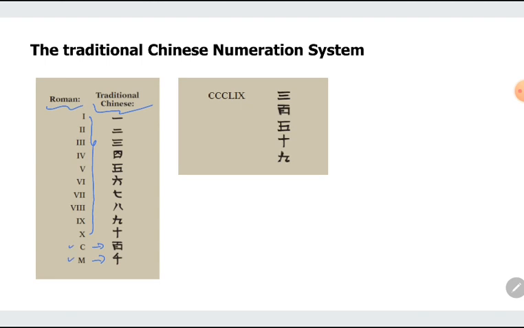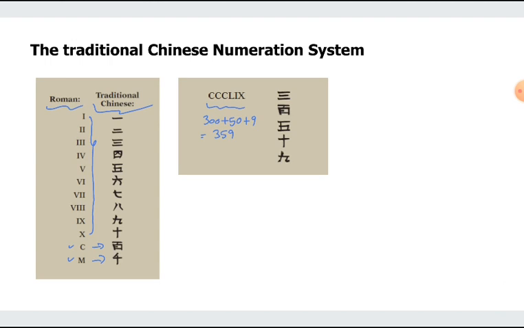The way they write it is vertically downwards, as opposed to the horizontal method that we also do. So this is triple C's, so this is 300 actually. L is 50, and then IX, that's 9. So this Roman numeral is equivalent to 359.